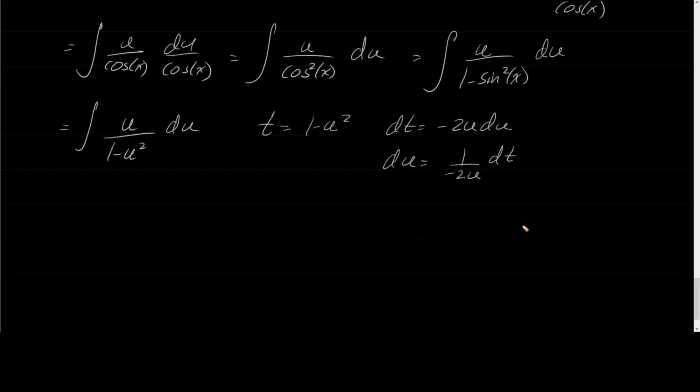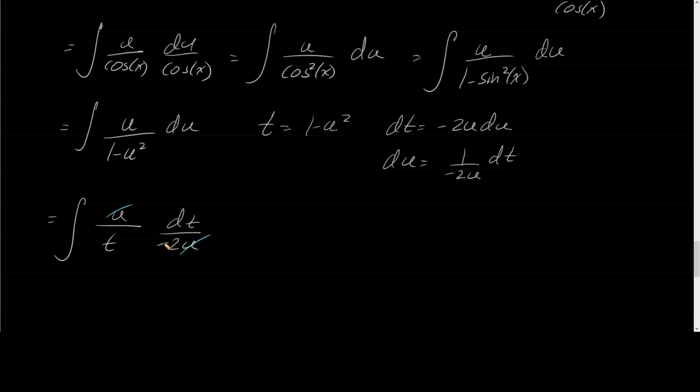And at that point, what do we do here? Well, let's see. This integral becomes now the integral of u. We didn't use u for a substitution, so it's still there. 1 minus u squared, that was our substitution, so that's t. Du became dt over negative 2u. At that point, we see that the u's cancel out. So what do we get?